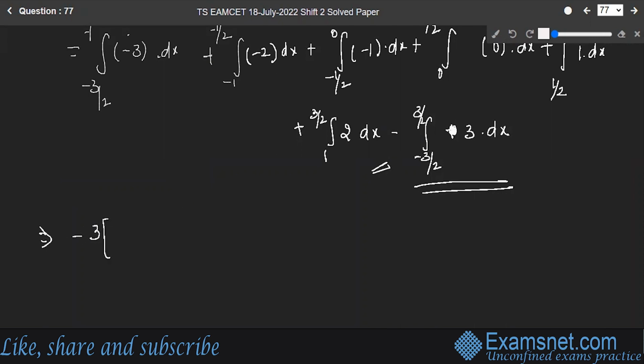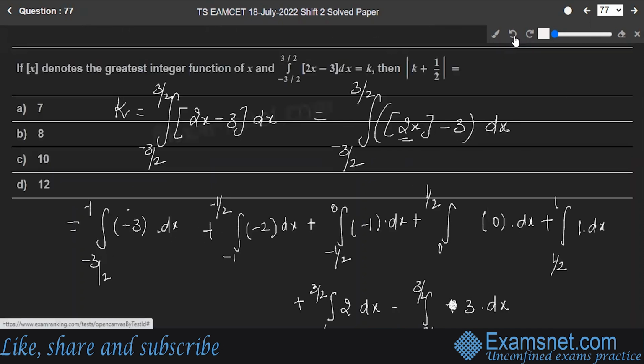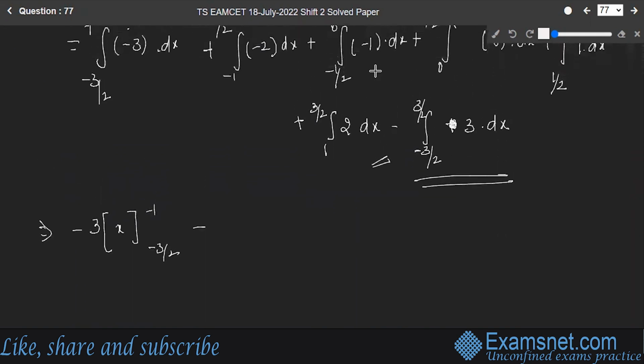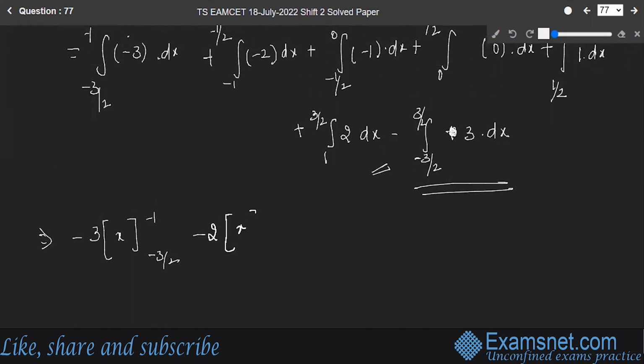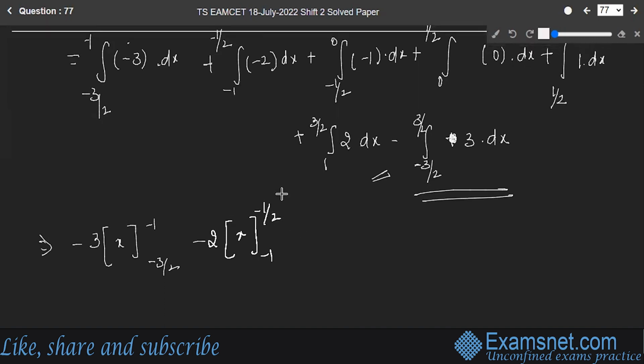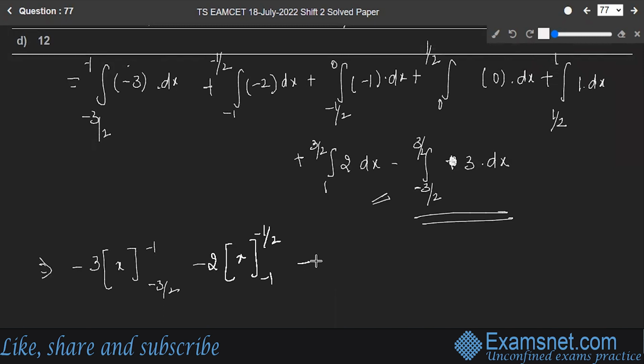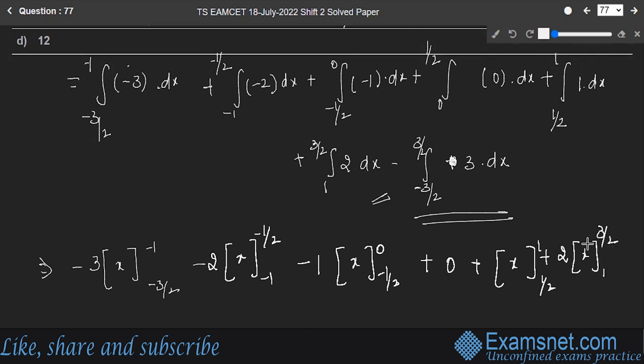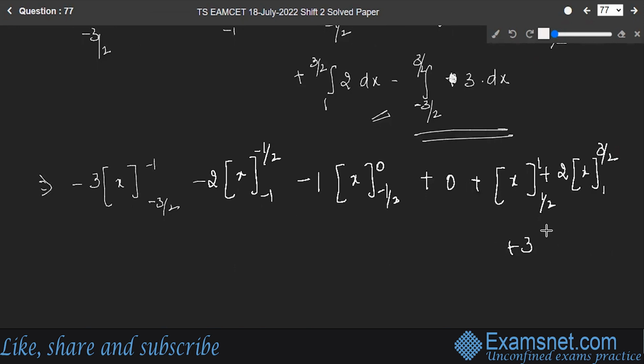So this is minus 3 x with limits minus 3 by 2 to minus 1, plus minus 2 x from minus 1 to minus 1 by 2, minus 1 x from minus 1 by 2 to 0, and this has got to be 0, then x from 1 by 2 to 1, plus 2 x from 1 to 3 by 2, minus 3 x from minus 3 by 2 to 3 by 2.